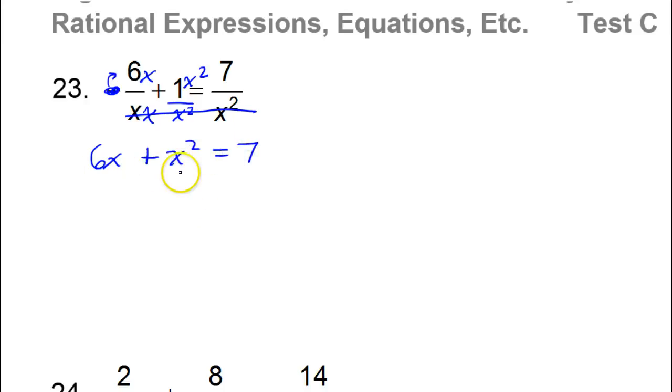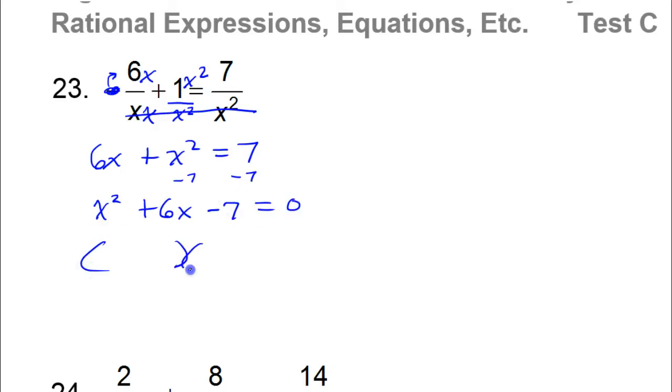I notice that I have x squared and x, so that means I want to get 0 on one side and either factor or use the quadratic formula. First of all, I'm going to rearrange this so that it's x squared plus 6x, alright, standard form. And now I'm subtracting 7 from both sides, so I'm going to wind up with minus 7 equals 0.